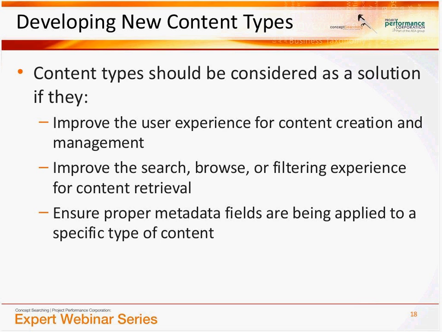Your content type should help to improve the user experience for content creation and management. Also remember to think of different ways that distributed content can be aggregated, browsed or filtered. These are all important reasons why you would want to start creating a content type. Another motivation could be to ensure that proper metadata fields are being applied.